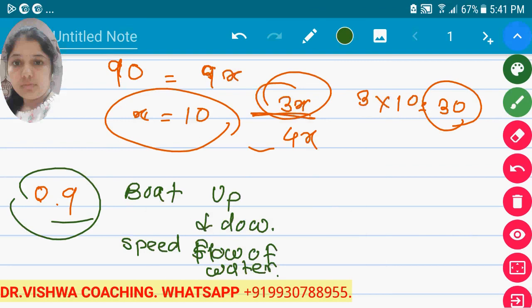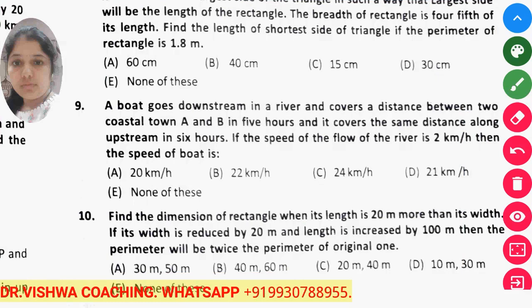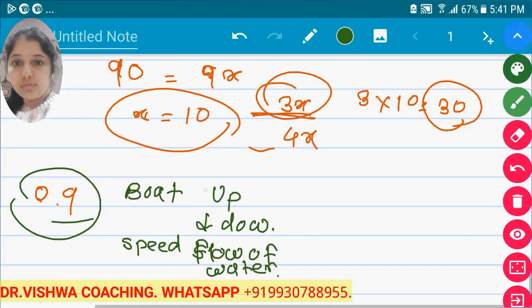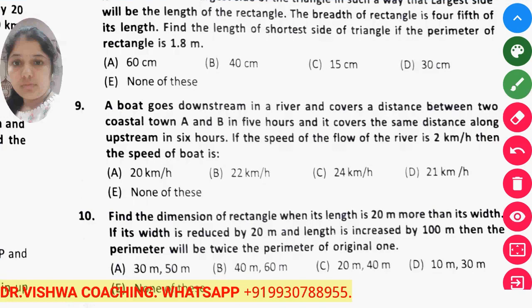Now see, it is a stream, means we say the river is flowing down. See, water always moves towards the downward side. Now the river is flowing down, so when the boat is moving down, the speed required is less as compared to upstream.